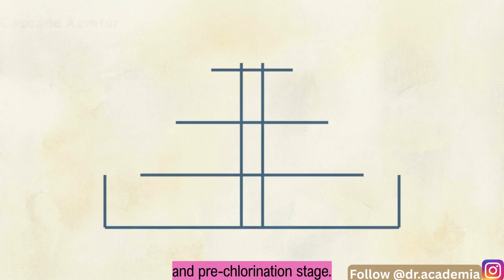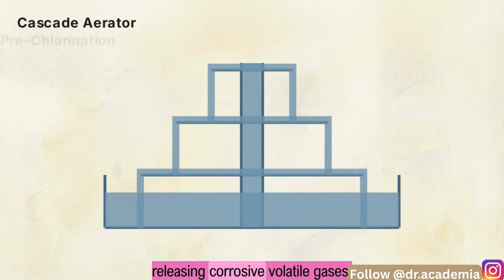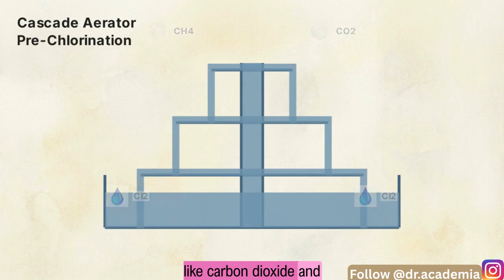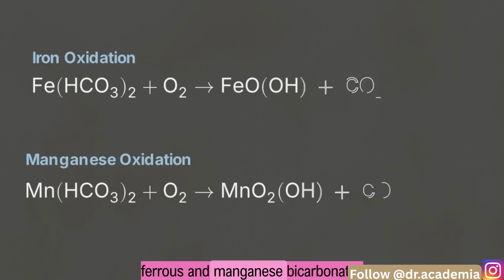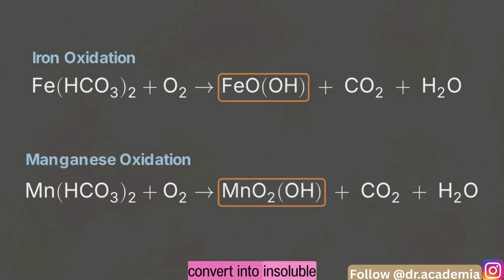Inside the cascade aerator, raw water falls over staggered tiers, releasing corrosive volatile gases like carbon dioxide and methane into the atmosphere. The aerator also maximizes dissolved oxygen levels to trigger the oxidation of inorganic impurities. These equations detail how dissolved oxygen reacts with metals. Soluble ferrous and manganese bicarbonates convert into insoluble iron and manganese hydroxides.